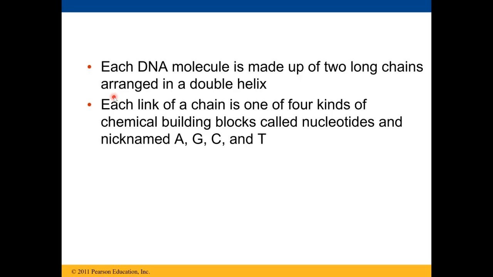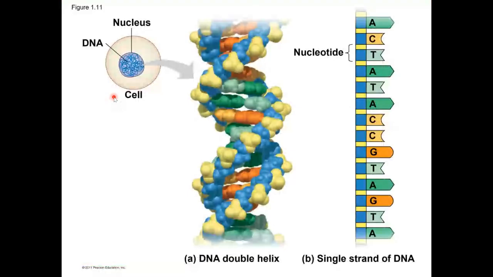and we'll talk about nucleotides. We'll talk about DNA specifically a little bit later. And we'll talk about these nicknames A, G, C, and T, which are abbreviations for adenine, guanine, cytosine, and thymine. We'll talk about each one of those when we get to the DNA section of macromolecules, the big molecules of life.